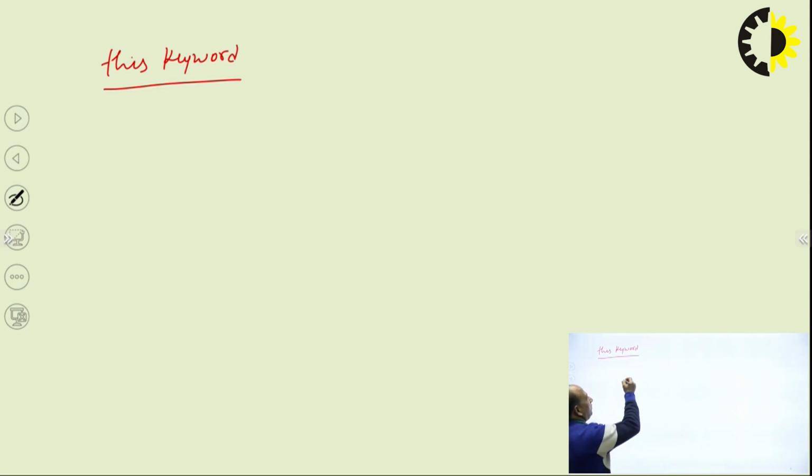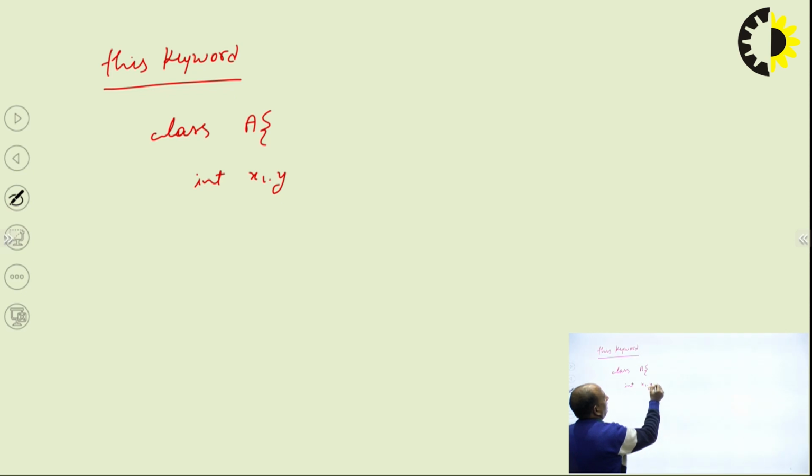Let us first understand why we require this. Let us understand it through some programming. Let's say I have created a class A, and this class has variables x and y. There are two variables, x and y.